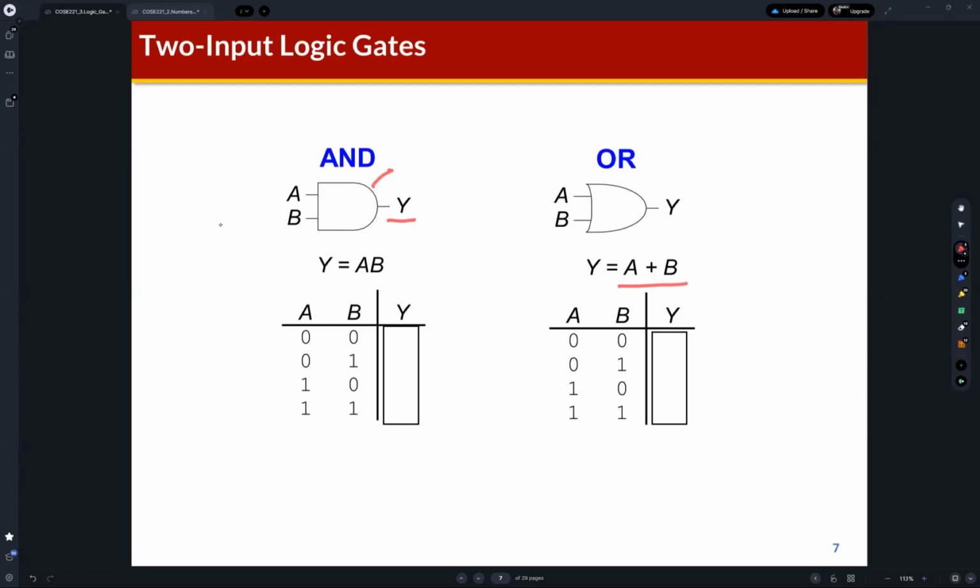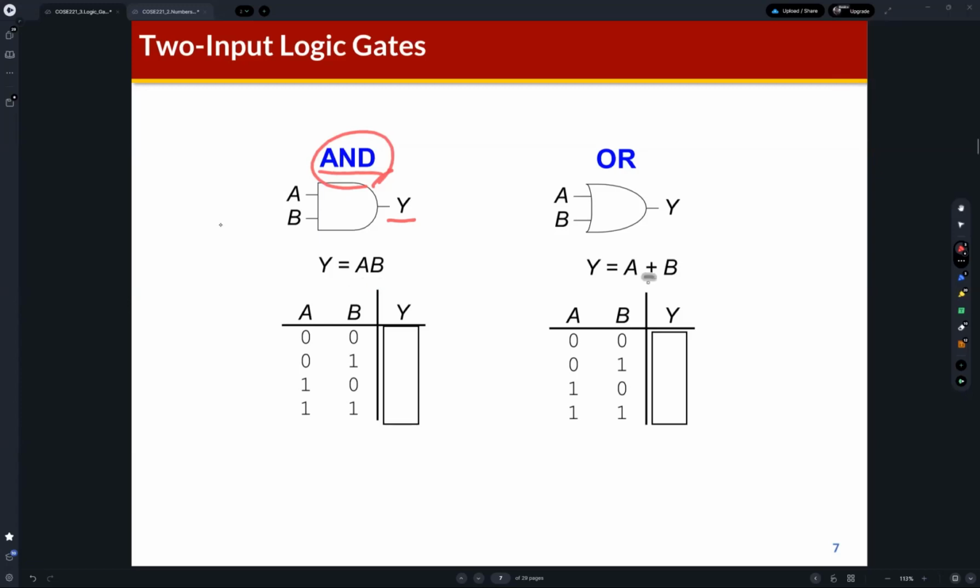This is not a real add operation, but you can use this plus sign for representing the OR gate. So in the Boolean equation, multiply is used for representing the AND gate, and this plus sign is used for representing the OR gate.